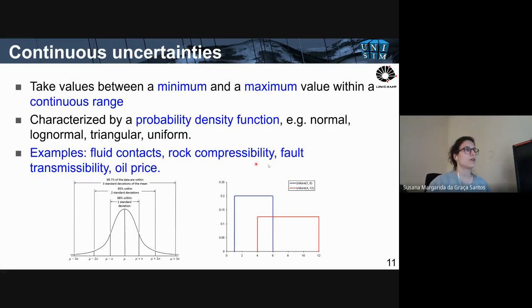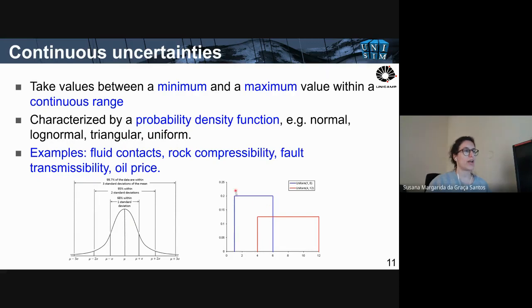Rock compressibility, fault transmissibility, oil price, all that is a continuous uncertainty because it can take a value between a minimum and a maximum and all those possible values inside the interval. And they are characterized by a probability density function, or a PDF. Can be normal, like in this example, can be log normal, which has a shape like this. It can be triangular, uniform would be this example here.